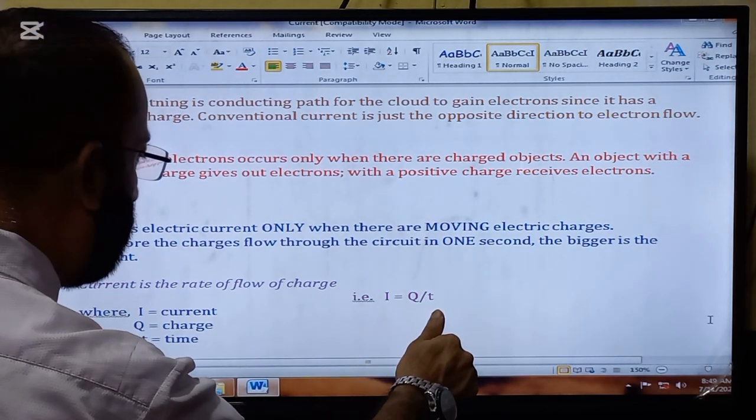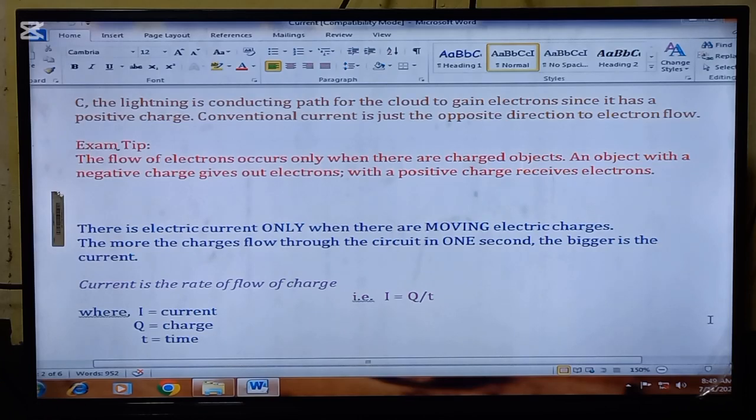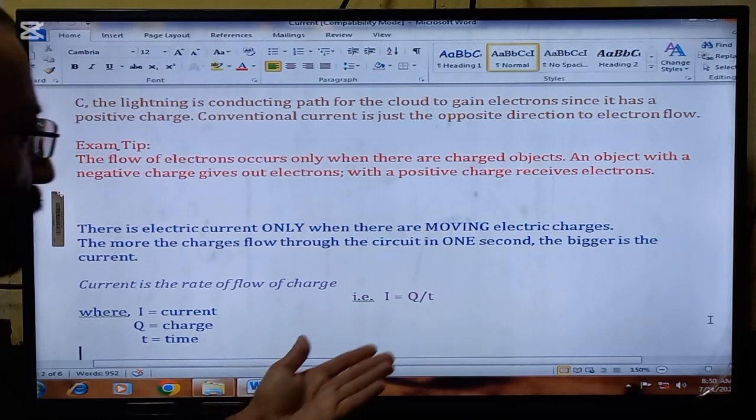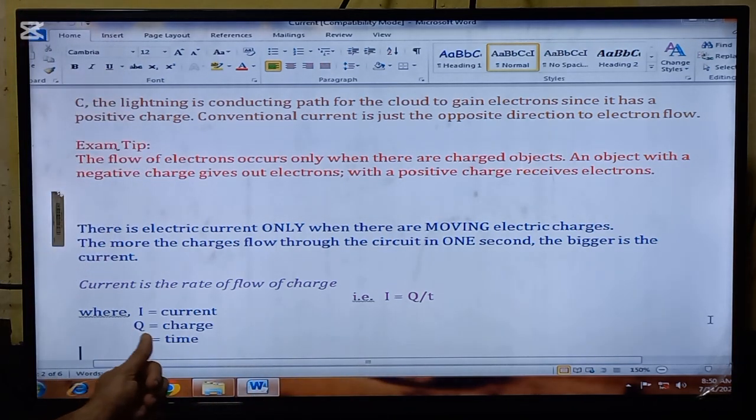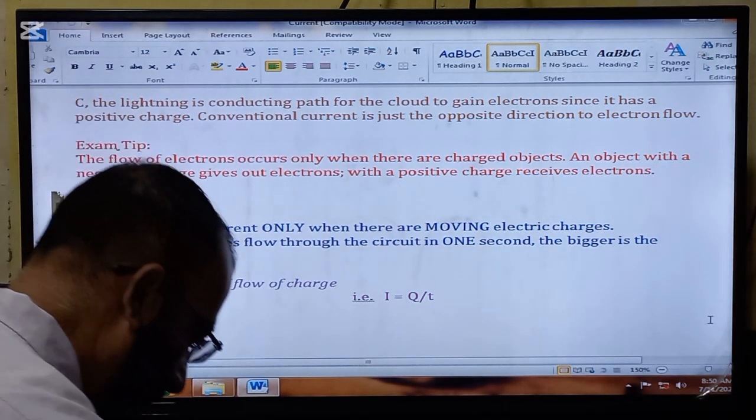The equation is I equals Q over T, where I is the current, Q is the charge, and T is the time. When we use this equation, charge will be in coulombs, current will be in amperes, and time will be in seconds.